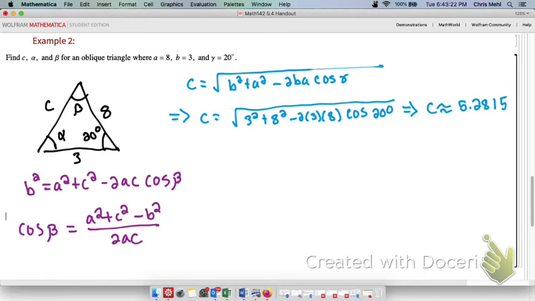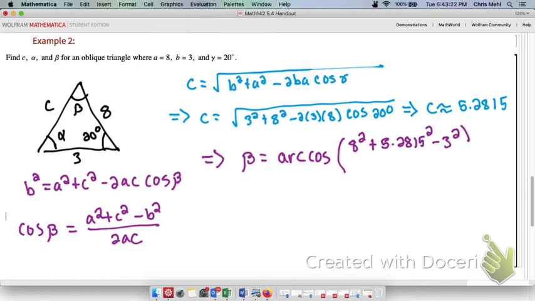Okay, so beta is now going to be arc cosine of a squared plus c squared, so a is 8, so you get 8 squared plus our c squared, which is 5.2815 squared, minus b squared, or minus 3 squared, all divided by 2ac. So 2 times 8 times 5.2815.